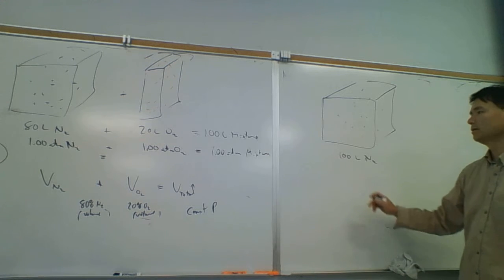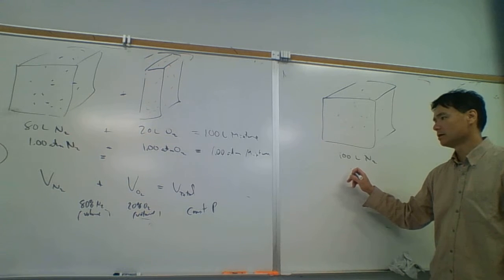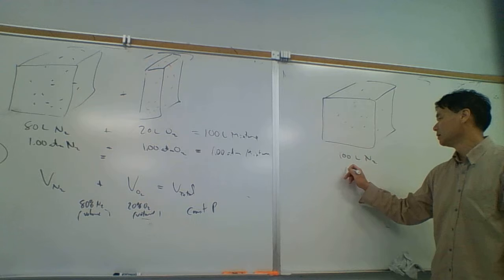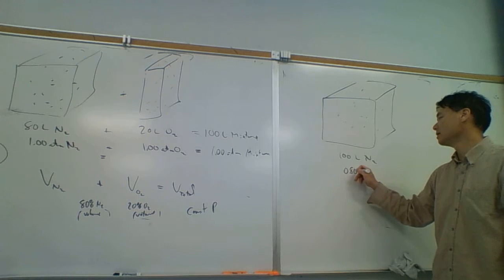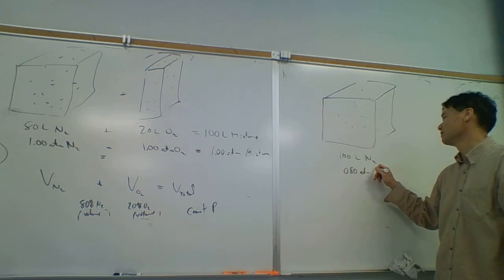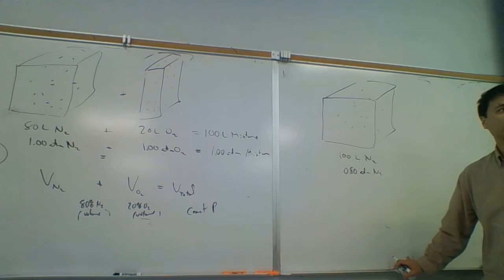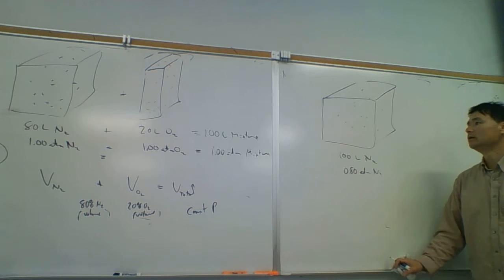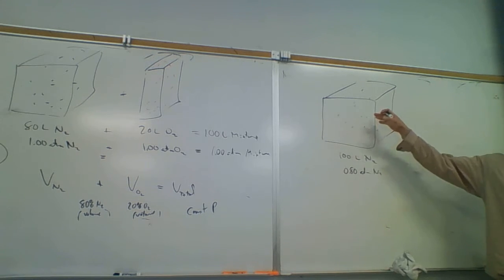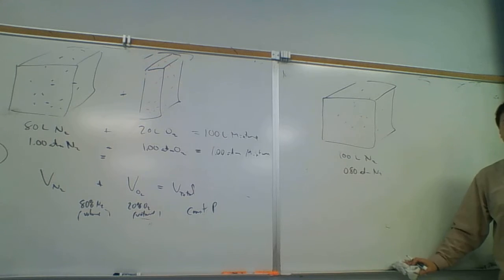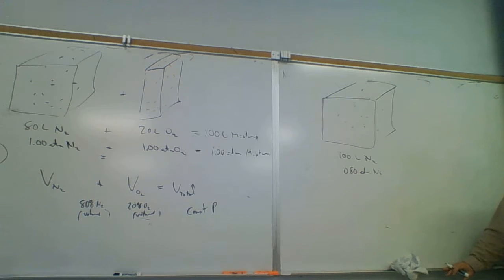Do you know what the pressure is? Take a guess. It's not 1 anymore, it's 0.80 atmospheres of nitrogen. It's 80% of the pressure because we're missing 20% of the collisions. 20% of the collisions were caused by oxygen. Now we don't have those, so we only have 80% of the pressure.